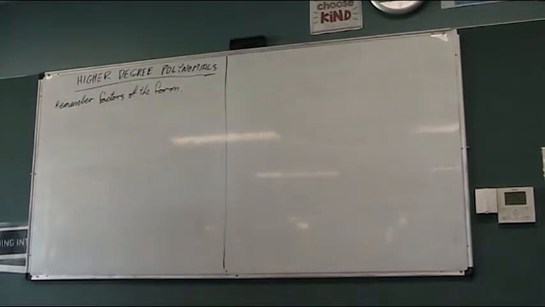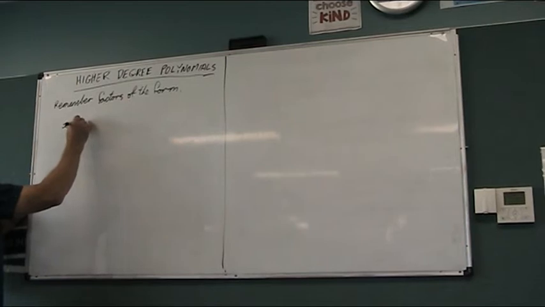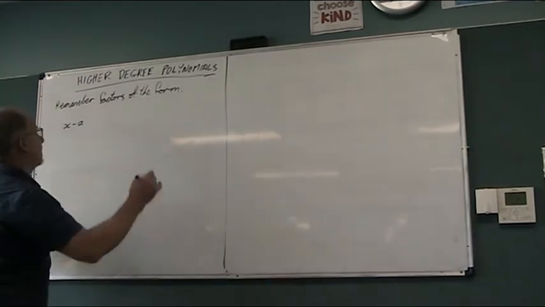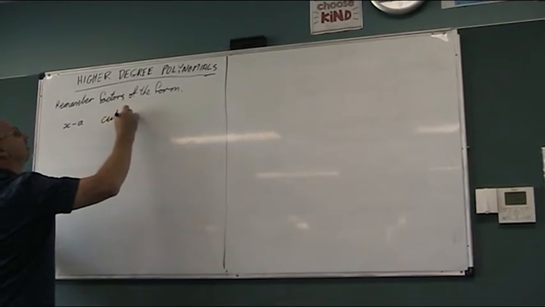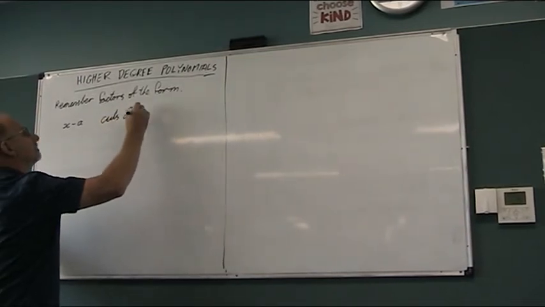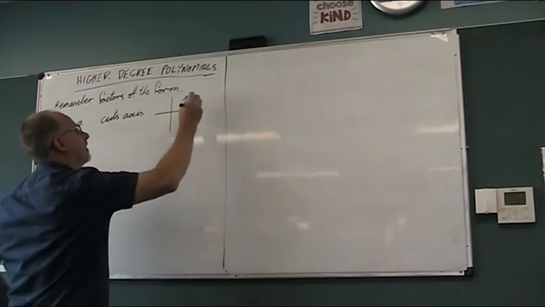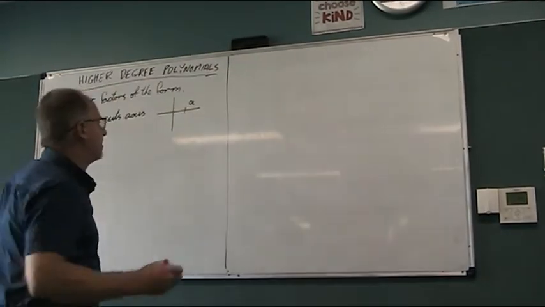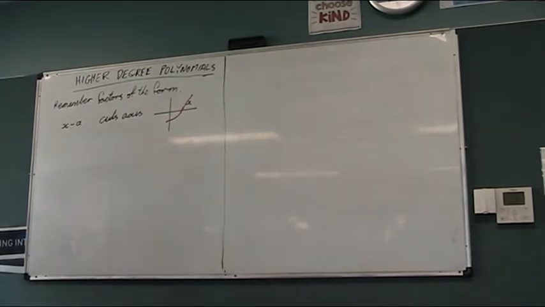So if you have, say, x minus a, we can get intercepts from that, and what that tells us is that it cuts the axis. So whatever the polynomial might be, it cuts the axis there at a.